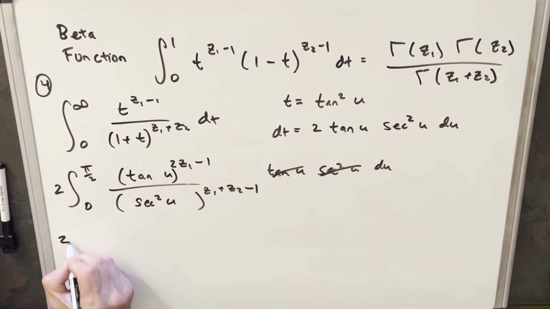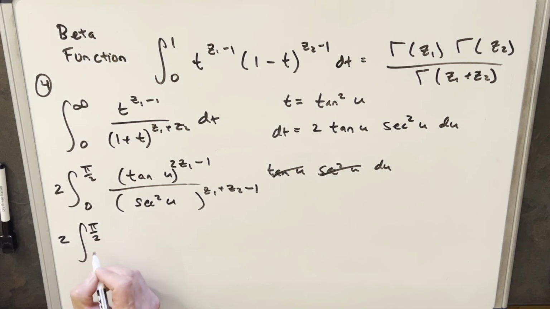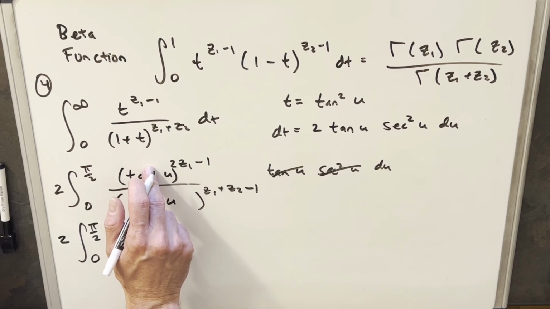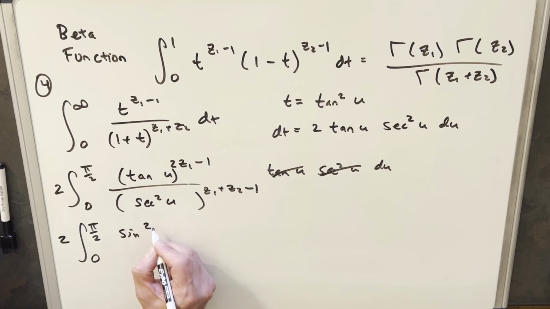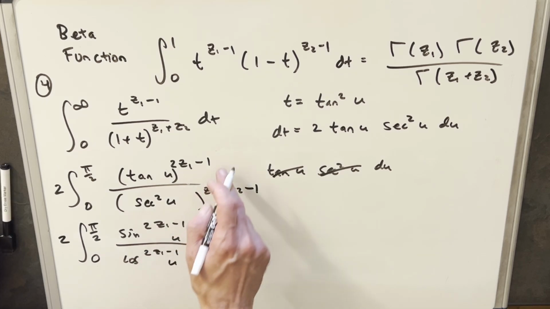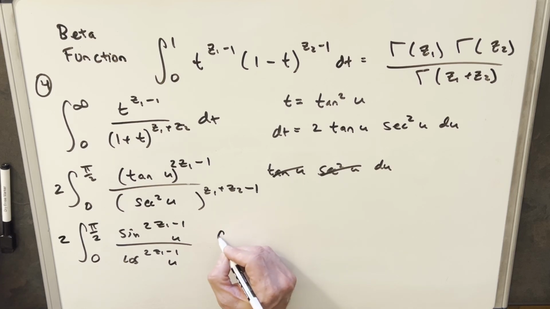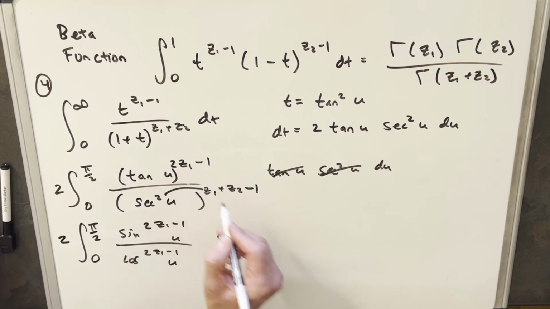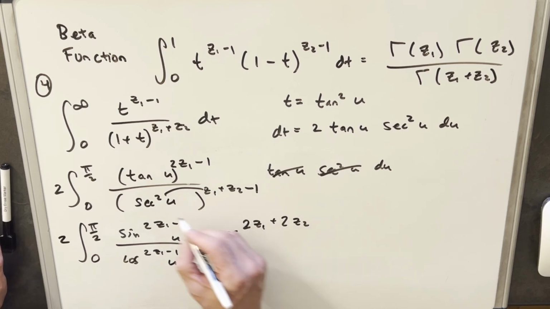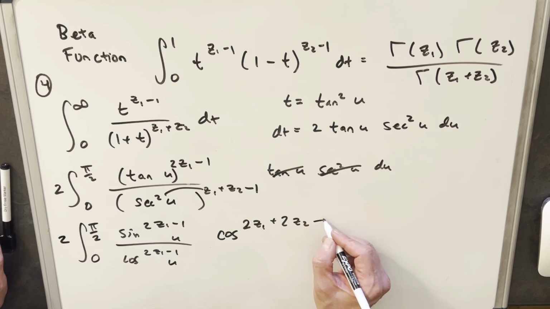Okay, and then from here I'm going to rewrite this in terms of sines and cosines, because it's a little confusing to deal with it the way it is here. So breaking up tan u as sine over cosine u, we're going to have sine to this exponent, 2z1 - 1, over cosine^(2z1 - 1). And then secant squared, I'll bring into the numerator as cosine squared, but I'll distribute the 2 in here, so we're going to have 2z1 + 2z2 and then a minus 2 here.